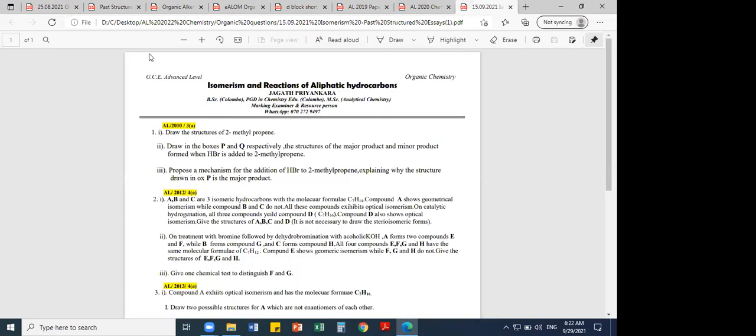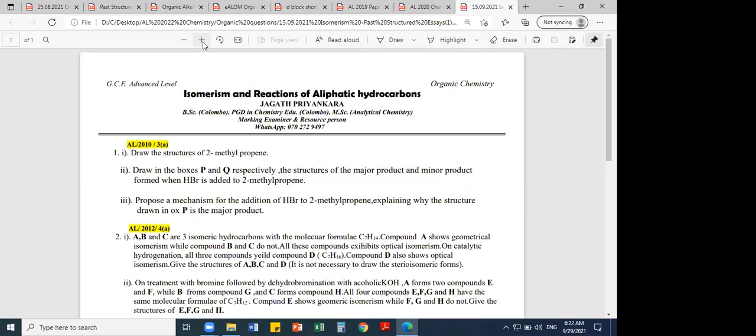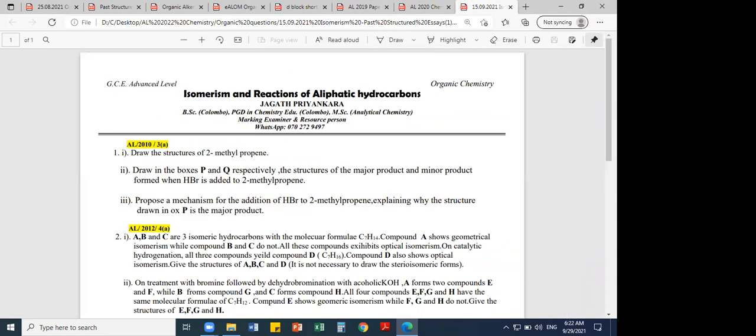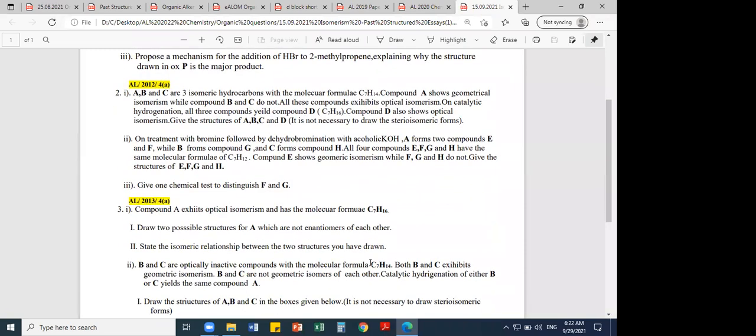This paper also I discussed, as I remember, question number 1. Last week we discussed only the first question, then I told you to try the rest at home.